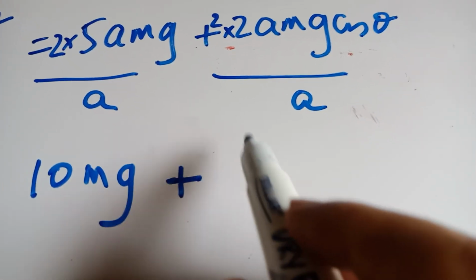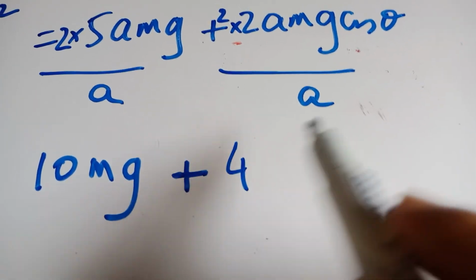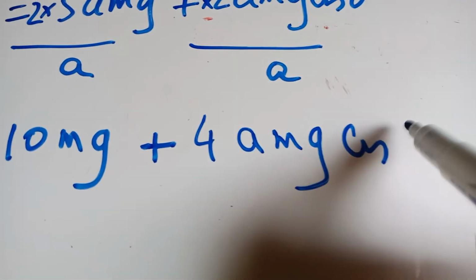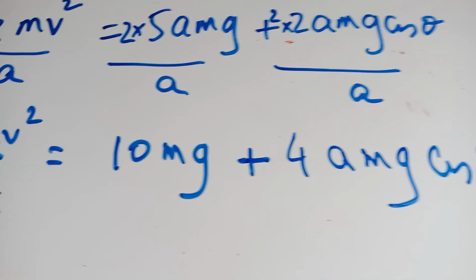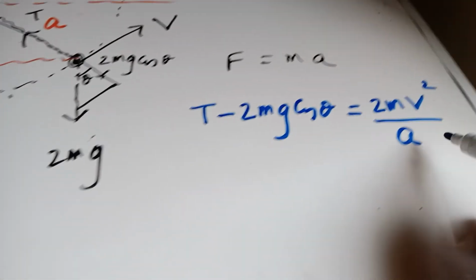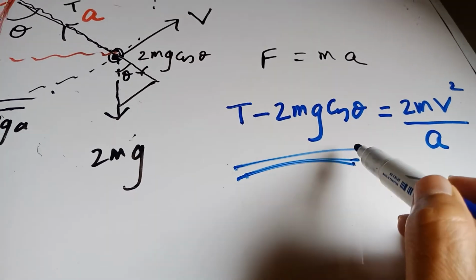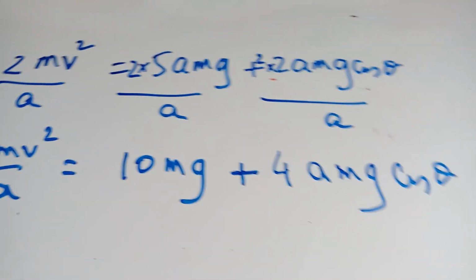Now this is going to be plus 4amg cos theta. So we can pick this 2mv square over a's value in this form, and substitute over here.